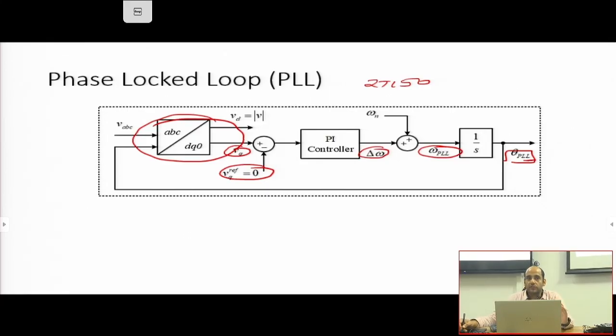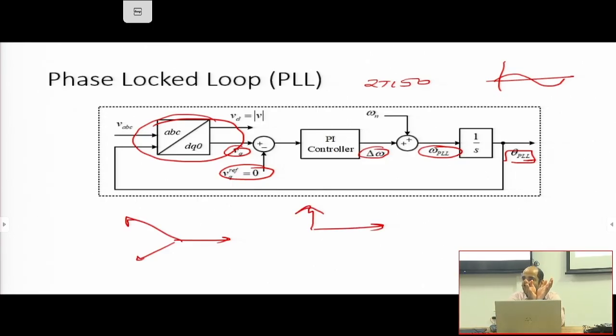Okay. So now this angle, you see you have 3-phase quantities, time varying quantities like this. You can write it in the form of some Vm sin omega t or Vm cos omega t. So then A phase, B phase, C phase. Now, how is the A phase aligned with respect to the D axis? What is the relative phase? Because you have 3 phases here and you have D and Q which are like this. What is the relative orientation between these two?